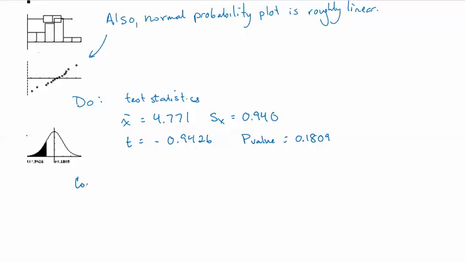So our conclusion. Once again, remember, if we look at our p-value, and if it's greater than alpha, we fail to reject. So that's what we're thinking.